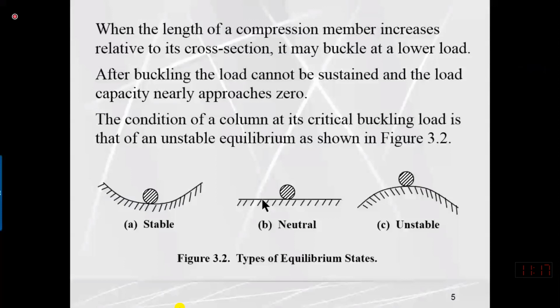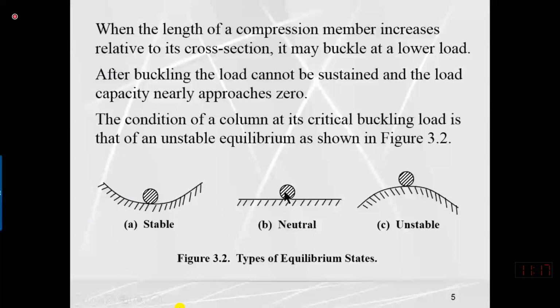This stage is referred to as neutral equilibrium. If my load is less than P critical and I remove the load, the column will come back to its original position and all the stresses within the member become zero. Like in this case, if I move this ball to either side and release it, the ball will attain its original position.